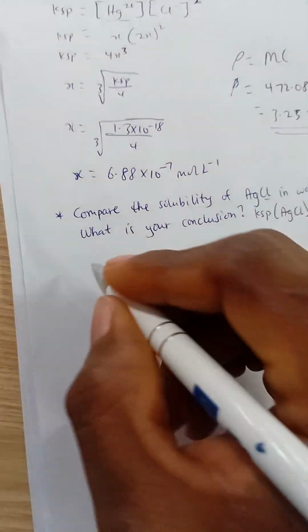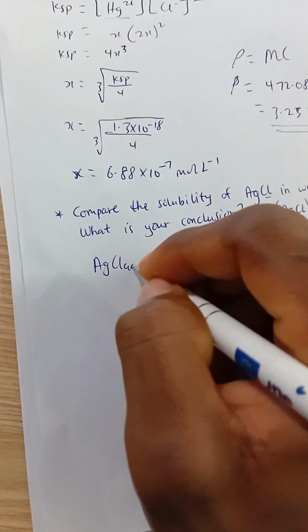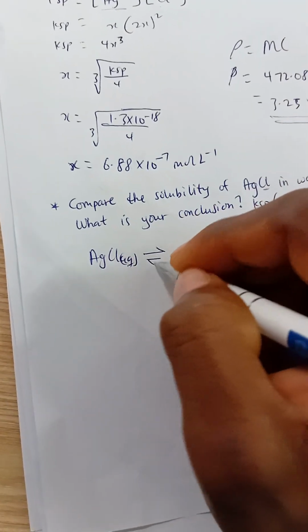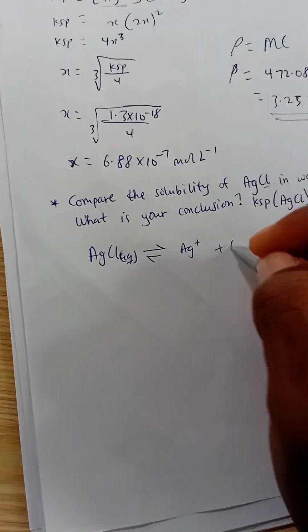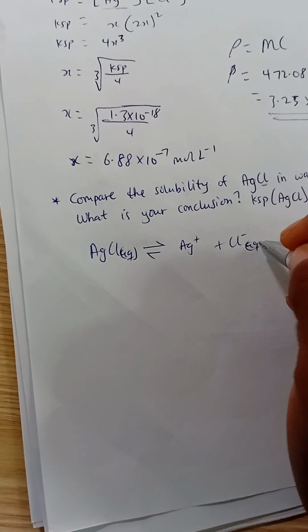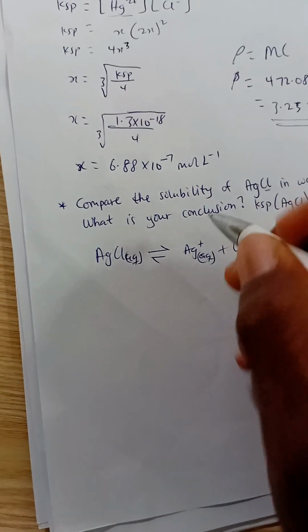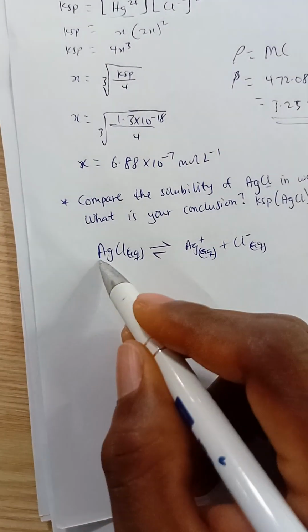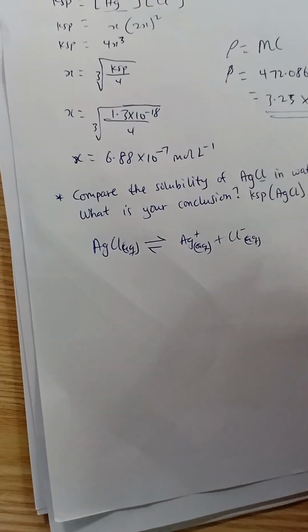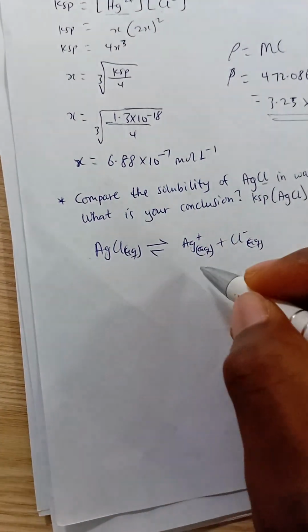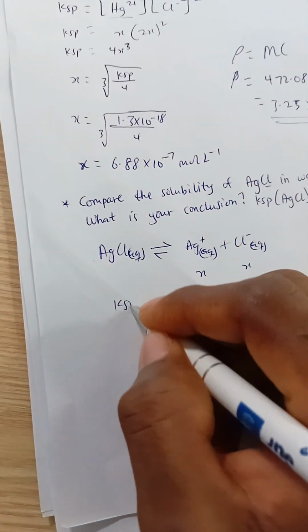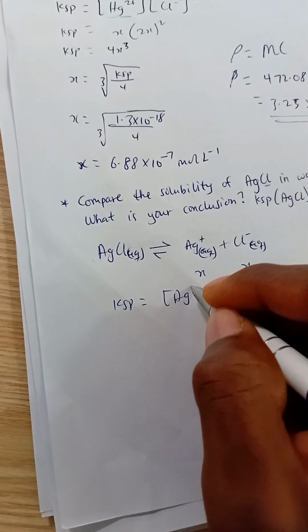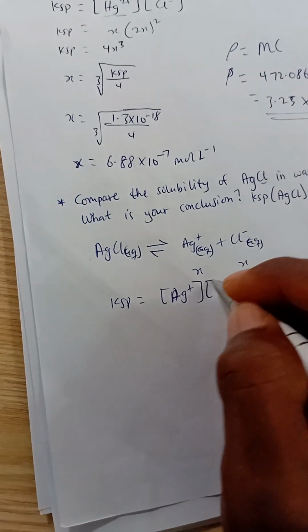So let's find the solubility of AgCl in water. We put AgCl in water, and we are going to basically get Ag+ and Cl- all aqueous. Remember to bring your states. Aqueous, bring the aqueous. 1 to 1, 1 to 1, already balanced. So if the solubility is x, then 1 to 1, 1 to 1. Ksp equals the concentration of Ag+ multiplying the concentration of Cl-.